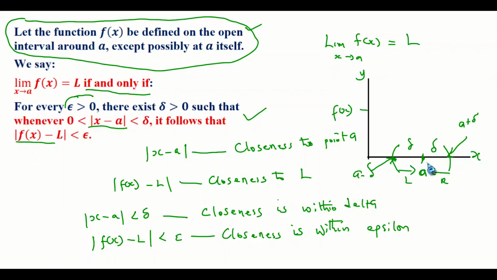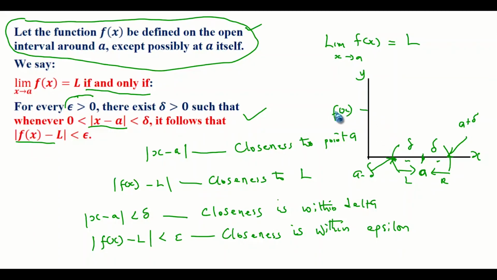So the delta is just the distance from the open interval to point A. You can also call this one the radius, because they are equidistant around A. So that is delta. And what is epsilon? Epsilon will be here.